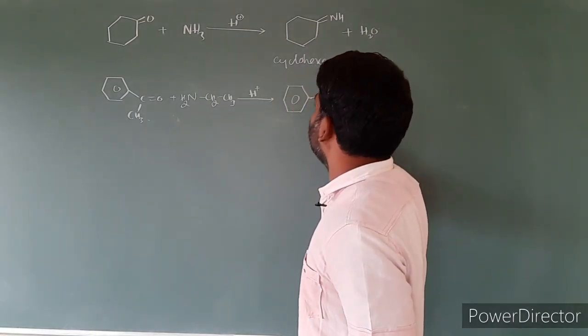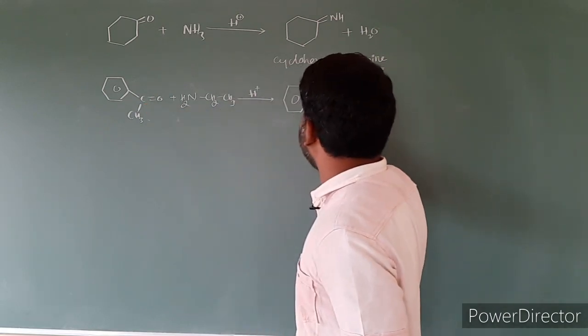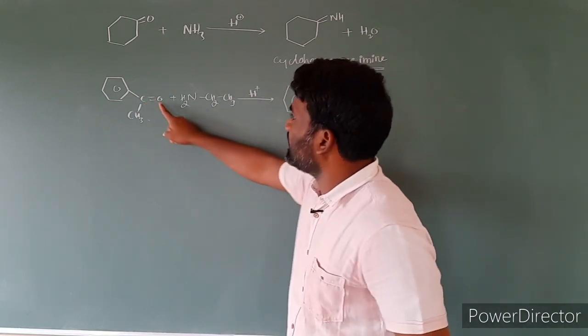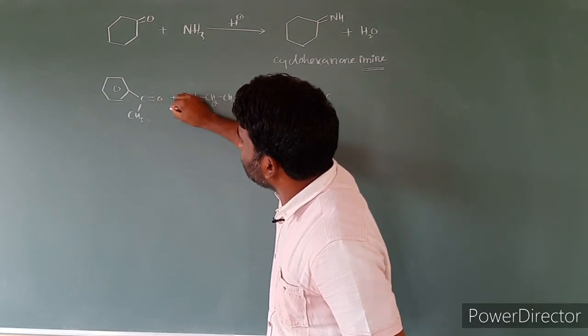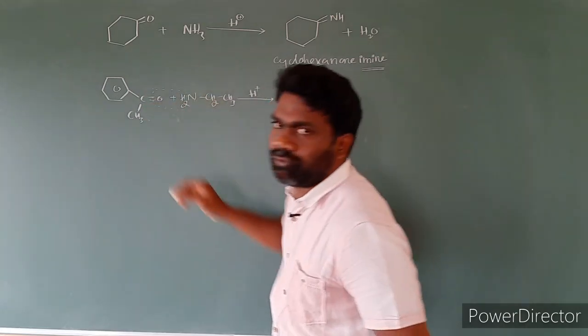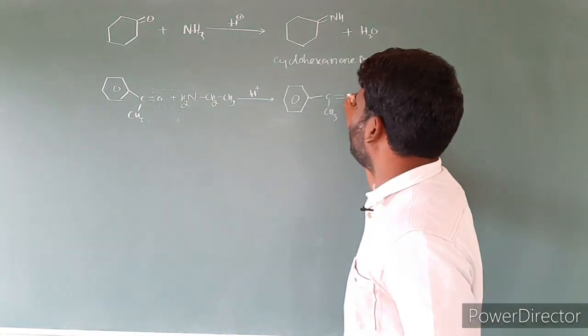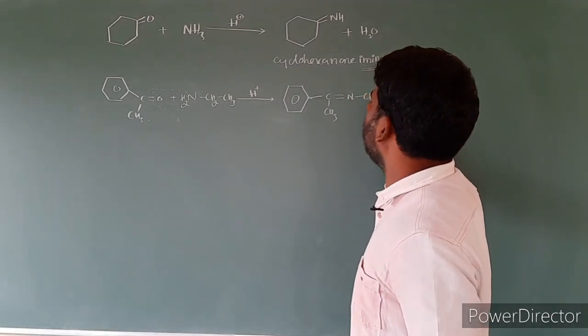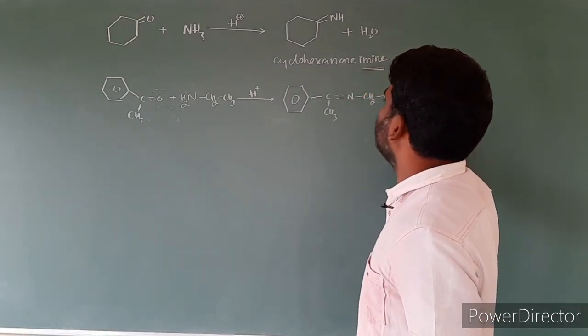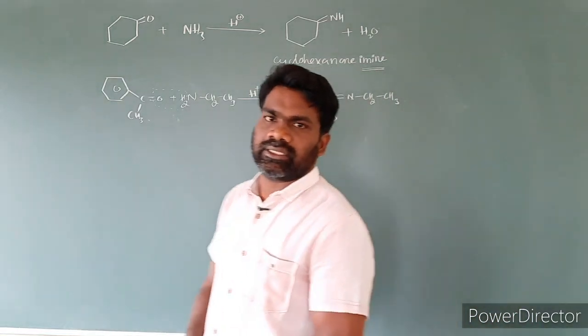Benzene ring, which I am writing as C CH3, with this oxygen and these two hydrogens eliminated in the form of water. We know that double bond N CH2 CH3. So this is the product formed in this reaction.